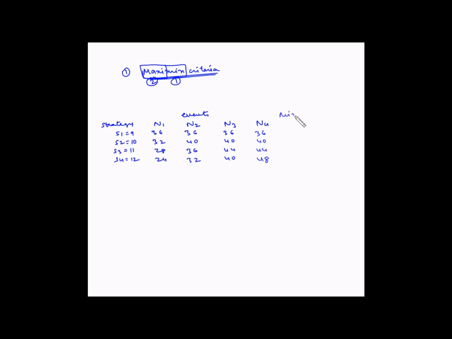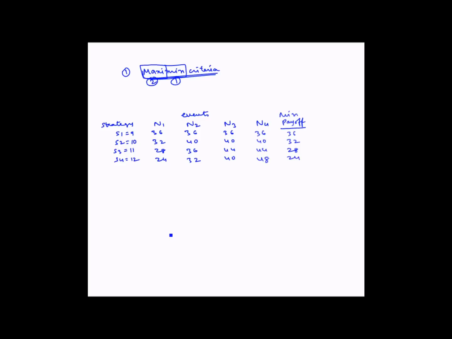Now let's find out the minimum payoffs for each of the strategies. For the first, everything is 36, so 36. For the second strategy, the minimum is 32. For the third, the minimum is 28, and for the fourth, the minimum is 24.